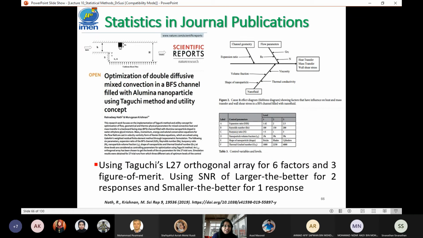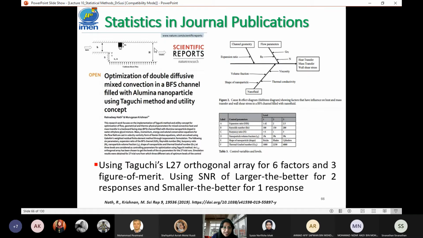Okay, so this is a paper from Scientific Reports. It's about the optimization of double diffusive mixed convection in a BFS channel filled with alumina nanoparticles using Taguchi method and utility concept. Basically this is a backward facing step channel.